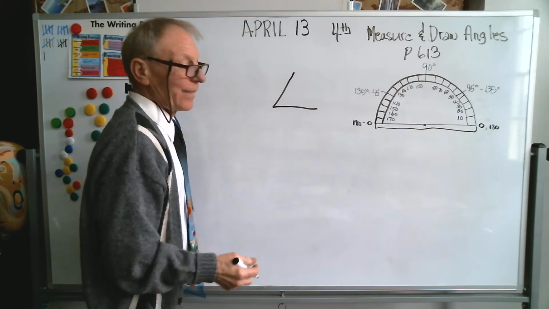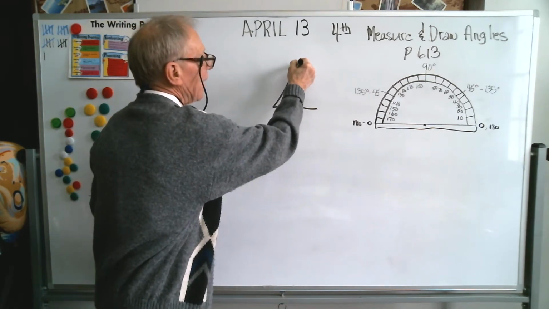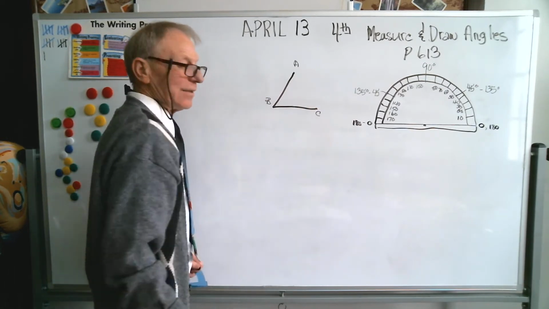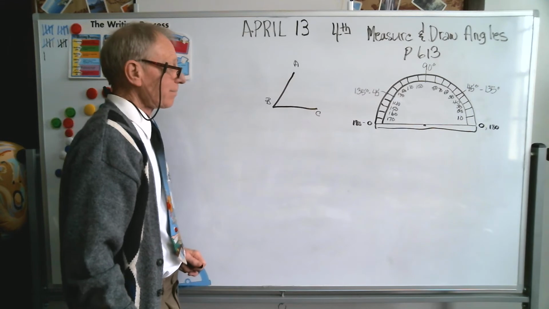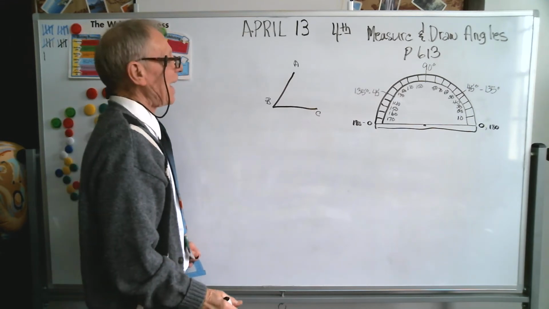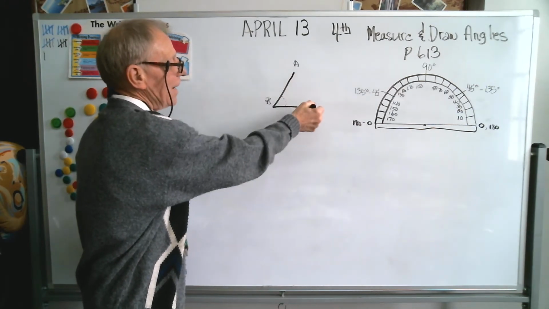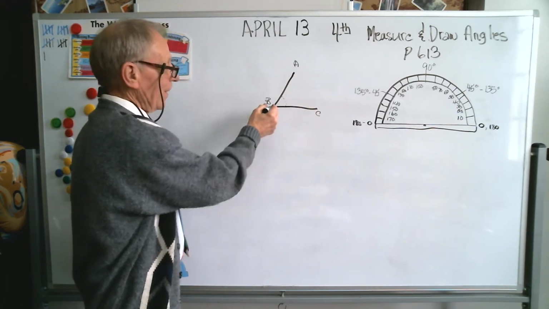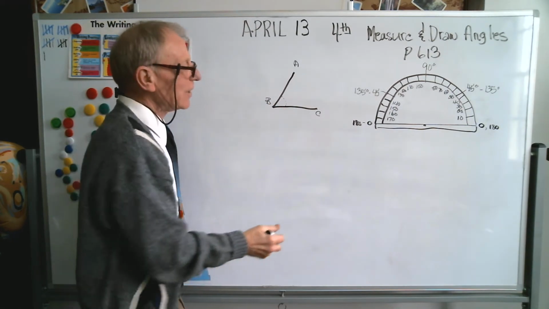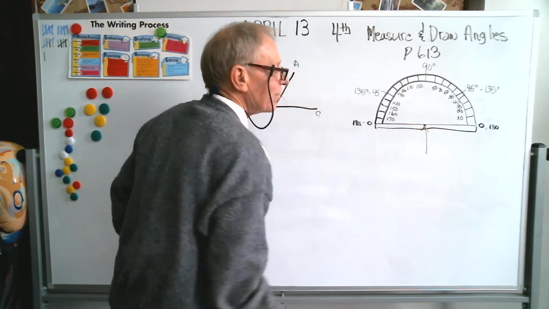Now, an angle is usually labeled A, B, C. So if I want to measure the angle AC, B is my vertex point, and that's where I'm going to set the center of my protractor.